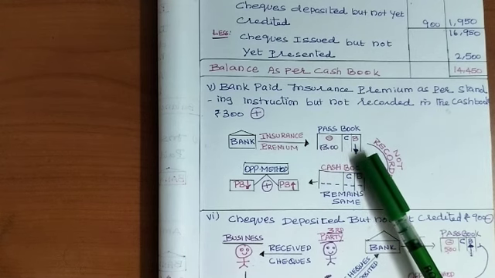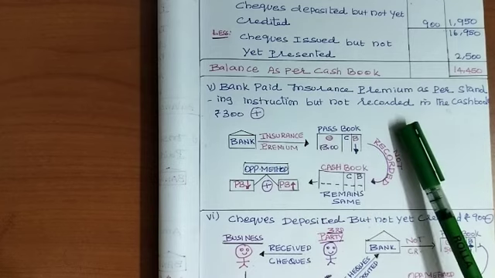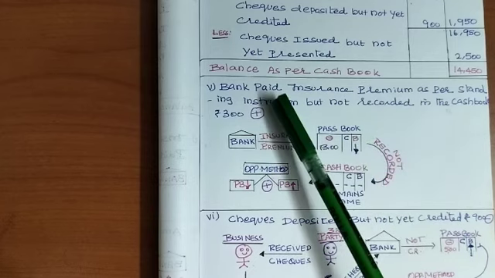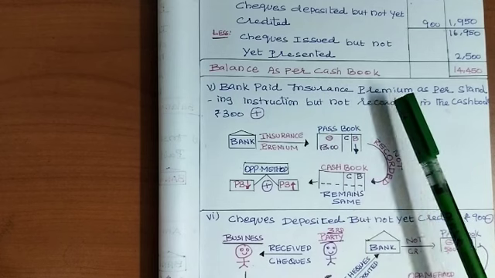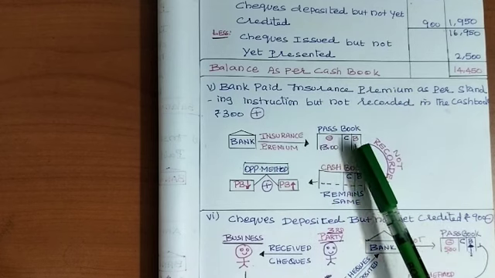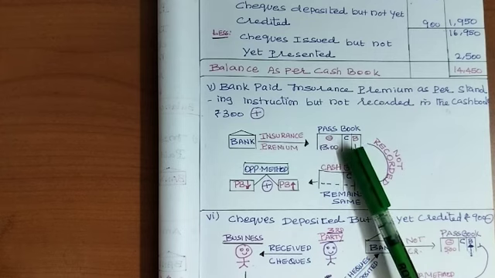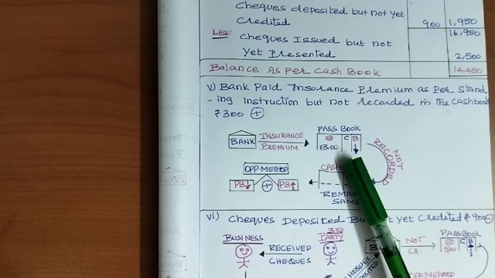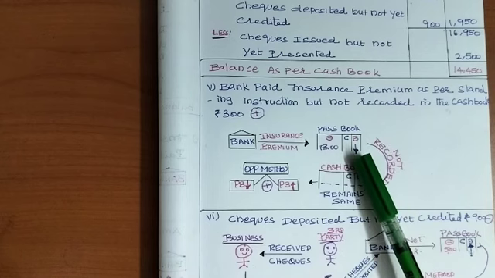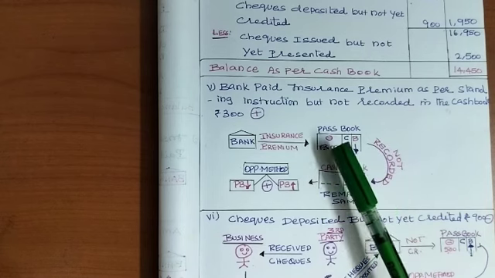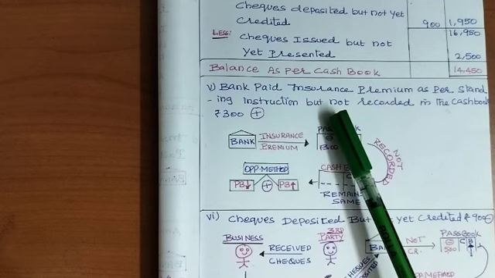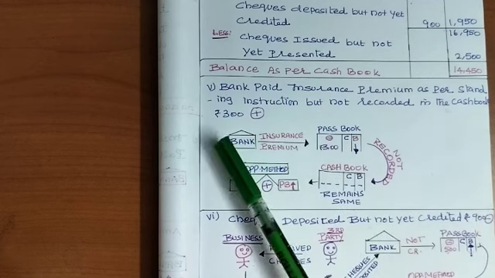Okay. So paid means what? Cash goes out. Bank paid insurance premium means cash goes out from the bank's customer's account. So the passbook will be decreased by 300 rupees, but it is not recorded in the cash book.